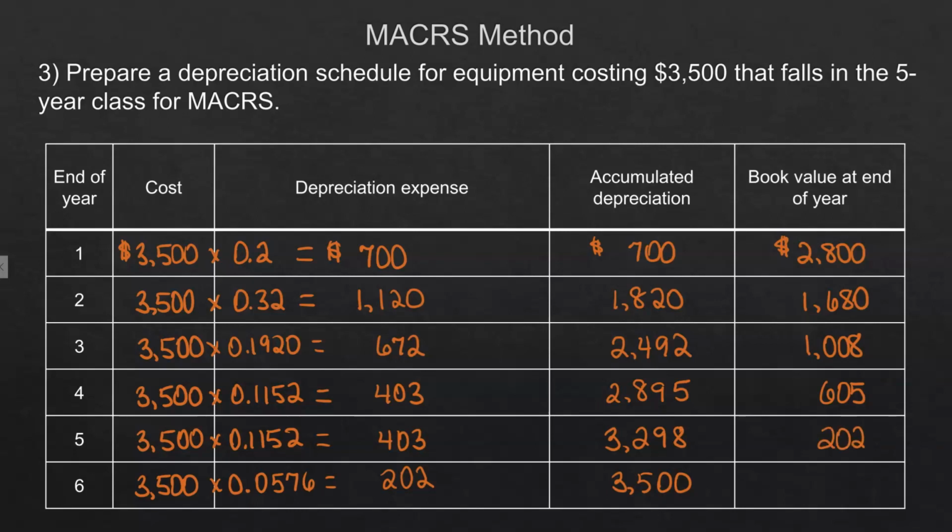And notice that matches that last amount. And here we are now at 0. Remember, MACRS depreciates all the way to 0, and that's because our percents add up to 100%. So we calculate by our beginning book value every time.